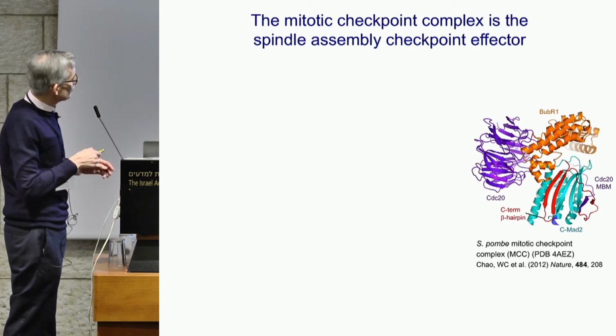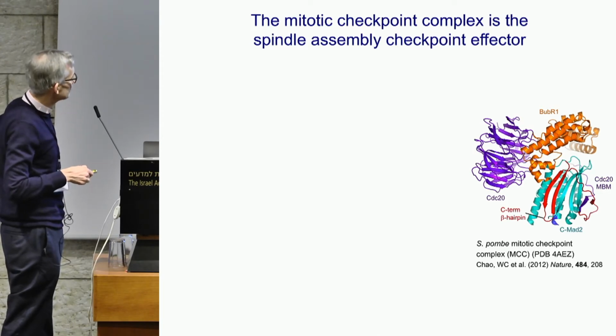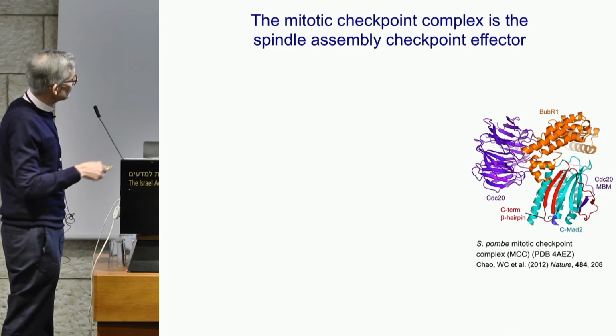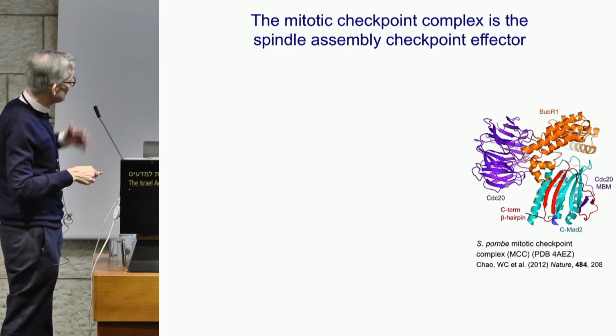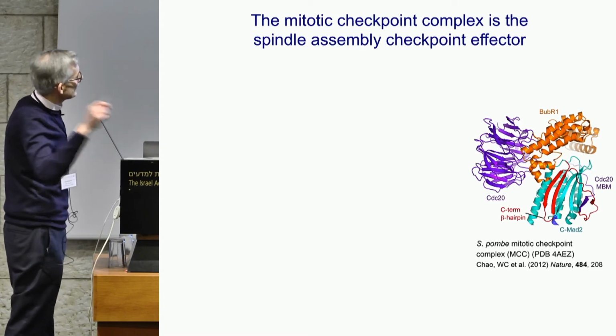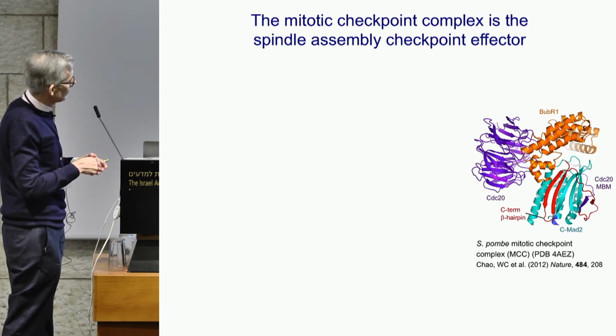So this is now a crystal structure of the MCC from fission yeast we determined a few years ago. And this shows the triangular shaped structure of the MCC, which is in this case lacking BUB3, because BUB3 is not required for the checkpoint in fission yeast. And this complex is composed of CDC20 and then the MAD2 subunit and a BUB1 subunit.